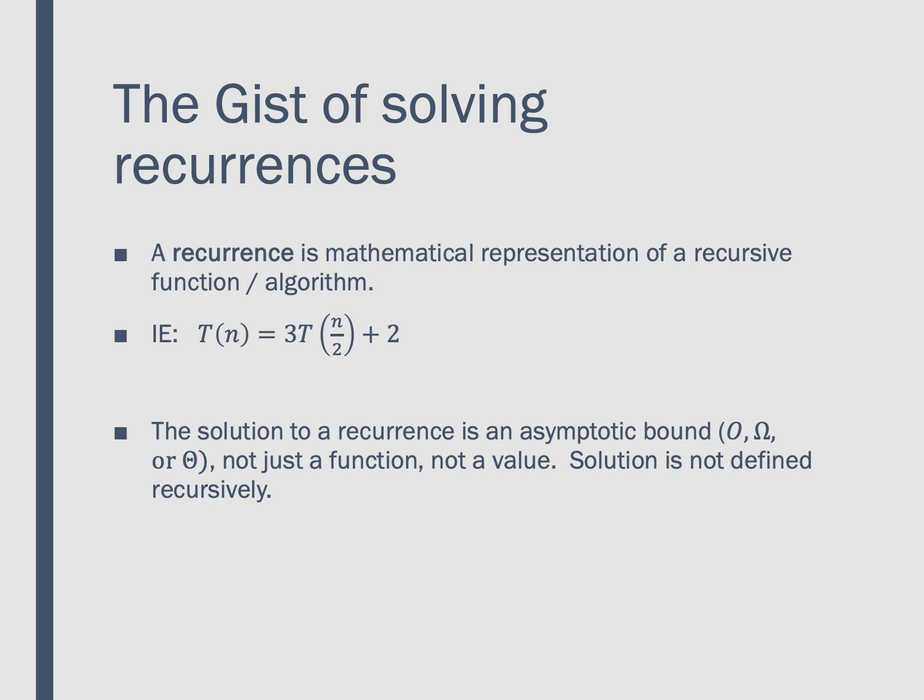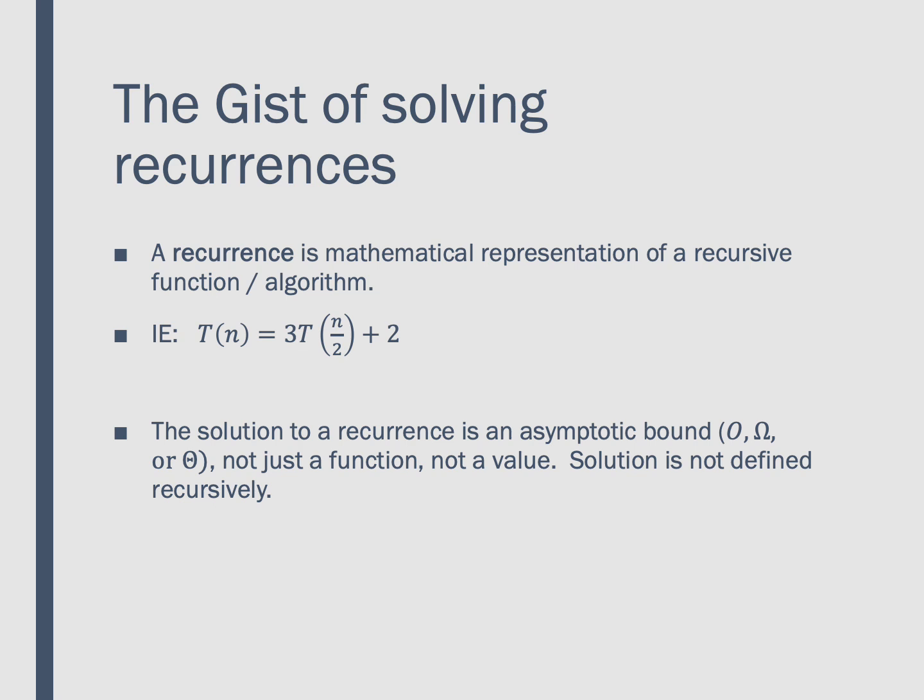As you already saw a lot of examples in previous slides, the goal of solving a recurrence is to determine the asymptotic bound of the algorithm's complexity. This involves finding the growth rate of T(n) using big O, big omega, or big theta notation.